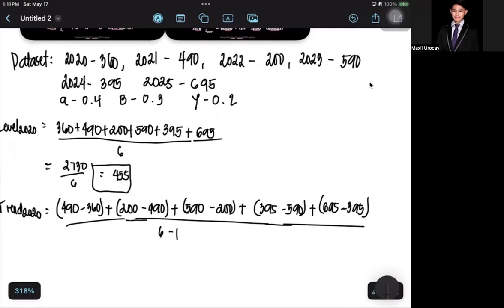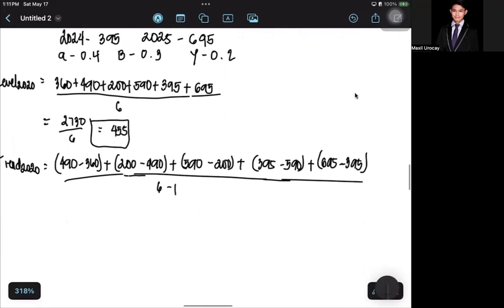So 490 minus 360 is 130, 200 minus 490 is negative 290, 590 minus 200 is 390, 395 minus 590 is negative 195, and 695 minus 395 is 300.